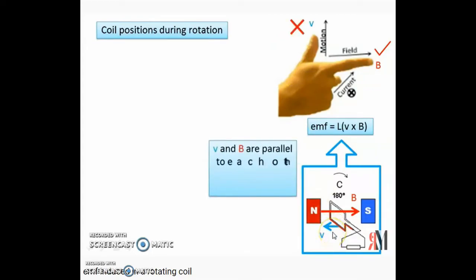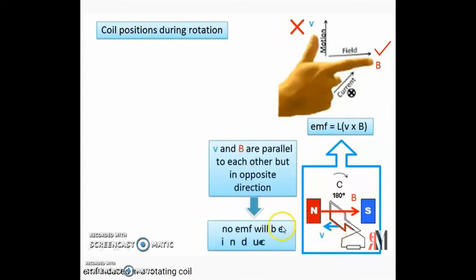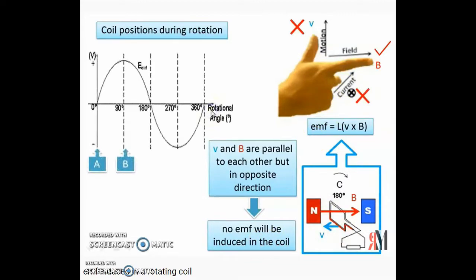So V is parallel to B. Therefore, no EMF will be induced in the coil, so no current is induced at this position. So from the graph sketch here, we are back to 0.